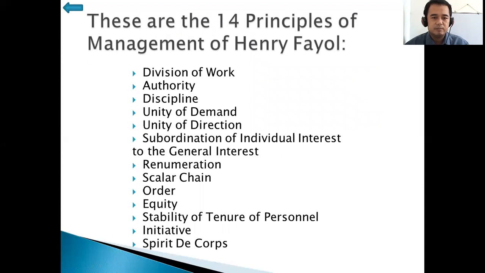The 14 principles of management of Henry Fayol are the division of work, authority, discipline, unity of command, unity of direction, subordination of individual interest to general interest, remuneration, scalar chain, order, equity, stability of tenure, initiative, esprit de corps.